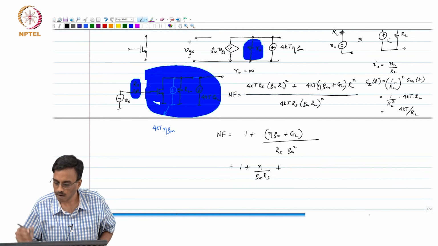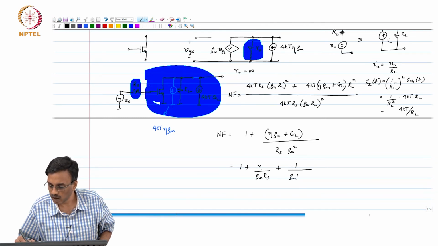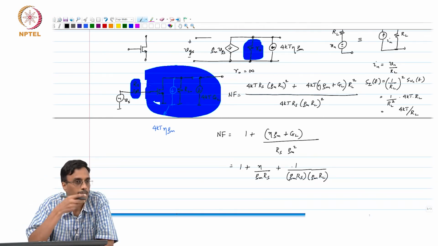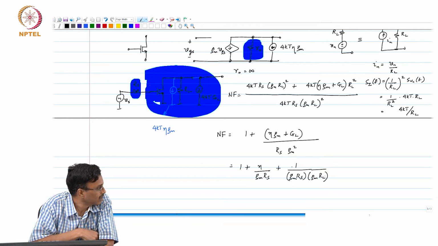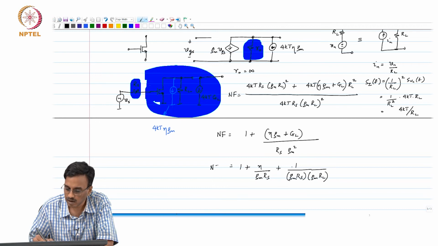plus 1 over Gm Rs times Gm RL. All right. Now, why does this make intuitive sense? Or is there a sanity check?